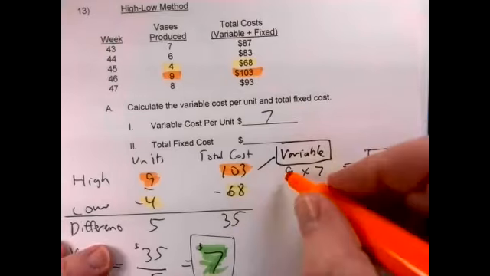Solve it for X. So 8x equals 40, divided by 8, X equals 5 units. And if you want the dollar sales, it would be 5 units times 15.